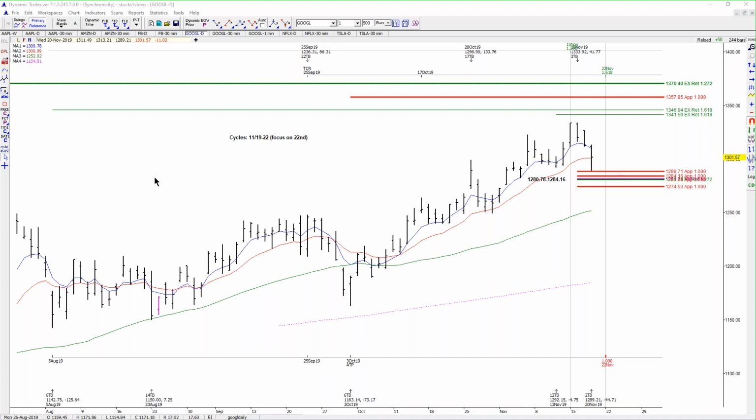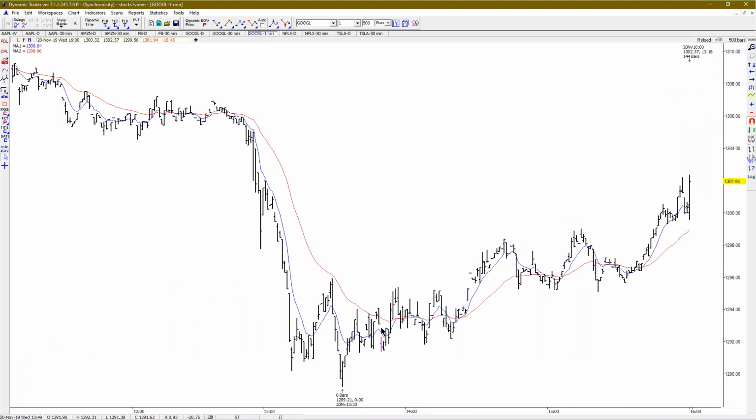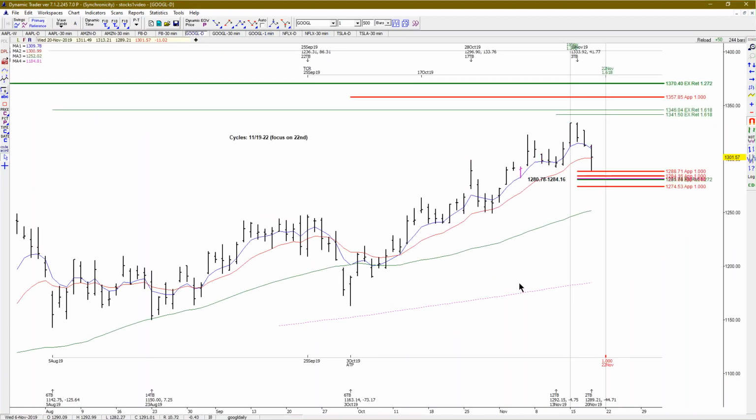I had one trader tell me at the end of the day that he took that Google setup on a 1 minute chart. He waited for a signal on the 1 minute, knew his risk was under there, and grabbed some money out of Google. Even though it was a daily setup zone, you're able to day trade against it.